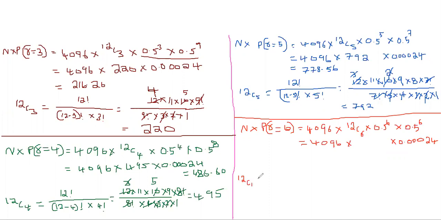12C6 is equal to 12 factorial divided by 12 minus 6 factorial into 6 factorial.